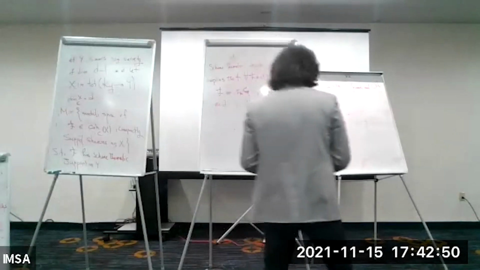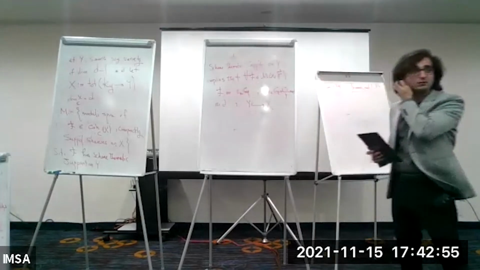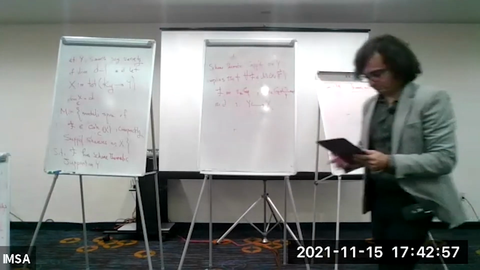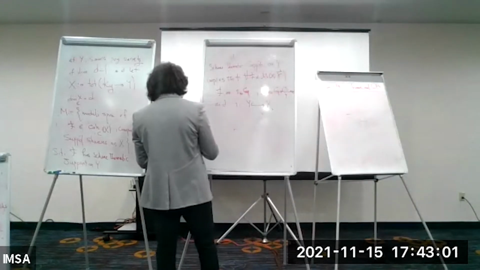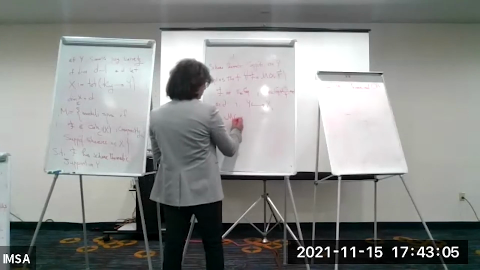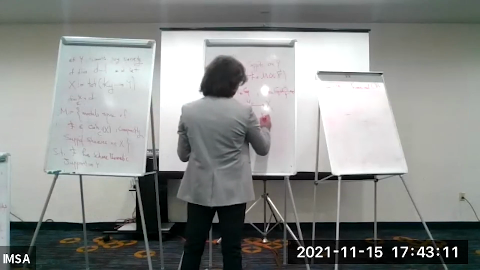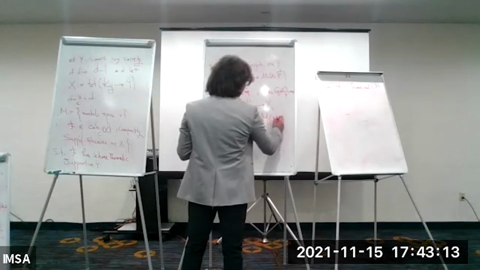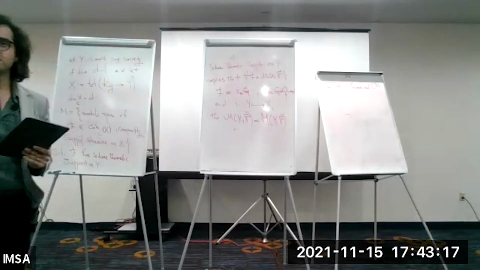So essentially, your sheaves on X are the same as sheaves on Y. If that's the case, then M of X, gamma is literally going to be the same as M of Y, gamma, because sheaves on X and sheaves on Y are literally the same.